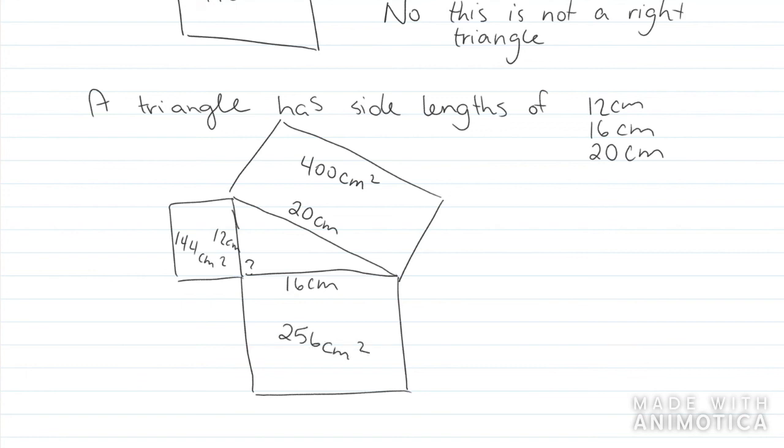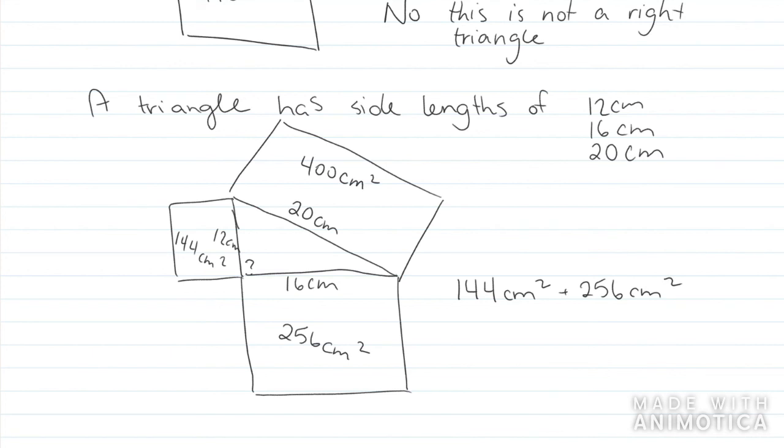To determine whether it is a right triangle or not, we should be adding them together. I take the two legs, 144 centimeters squared plus 256 centimeters squared.